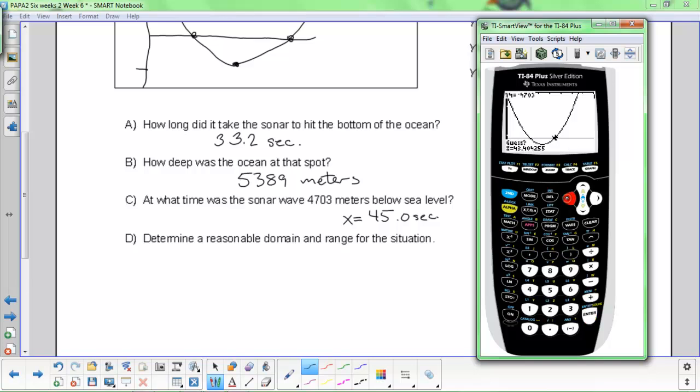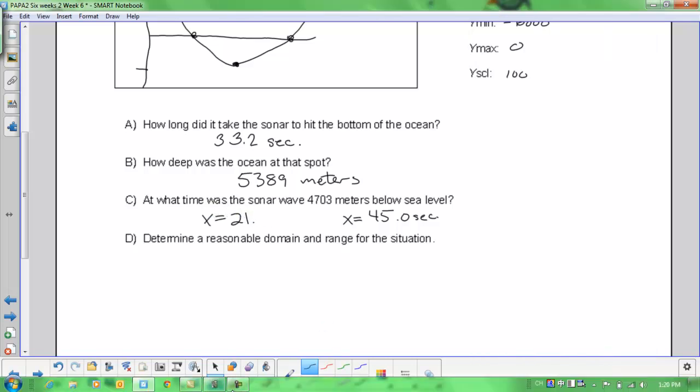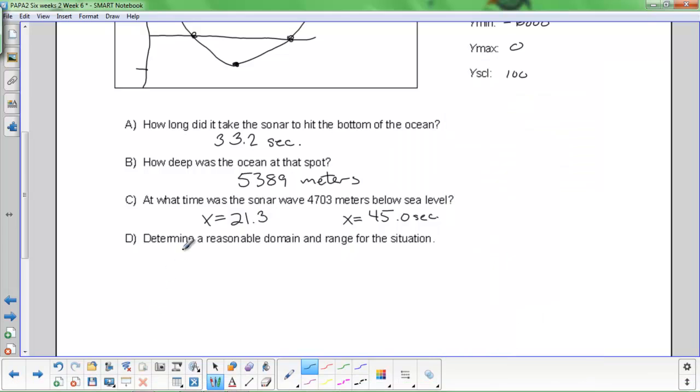Remember, you've got to move your cursor to the appropriate intersection when there is more than one. And that is going to be x equals 21.3 seconds.